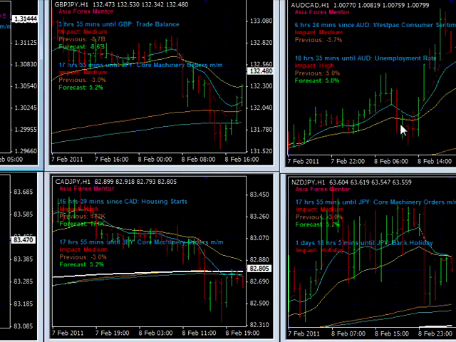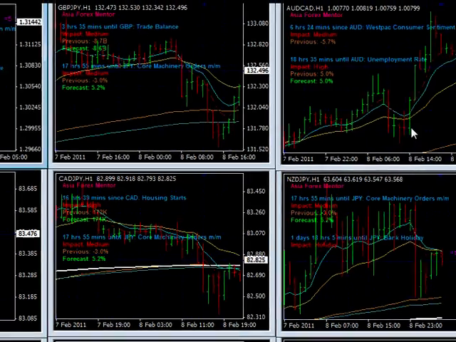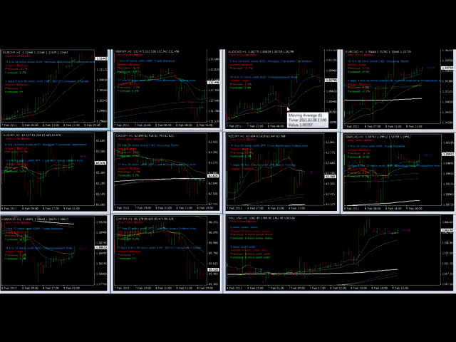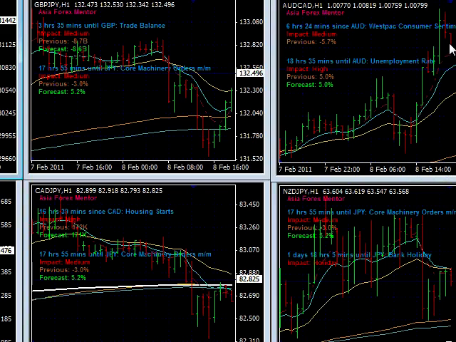A pin bar forms at the low of an uptrend. No doubt price has fallen down, however the 10 has not crossed the 25, so there's a good chance that the trend is still up. With this pin bar intact, we can see that price moves up nicely after.